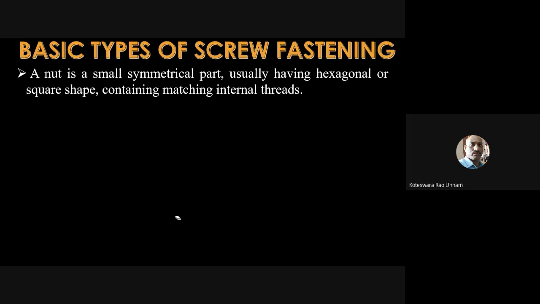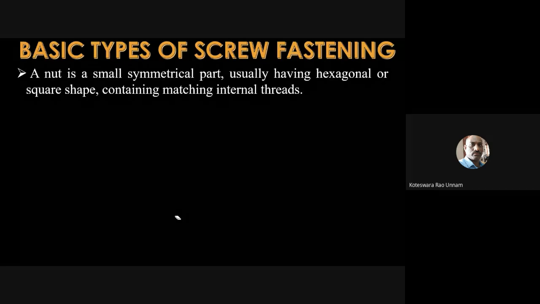Here the nominal diameter of these threads should be equal to the nominal diameter of the bolt. Then only the joint can be formed. Otherwise, it is not formed. So that's why I said it is containing matching internal threads. Matching internal threads means the nominal diameter of this internal thread should be equal to the nominal diameter of the bolt.